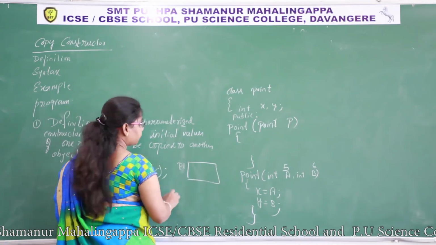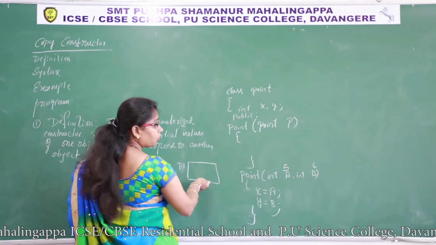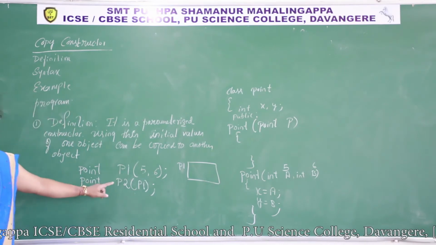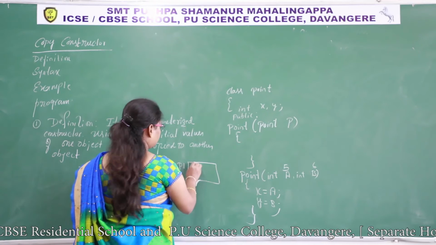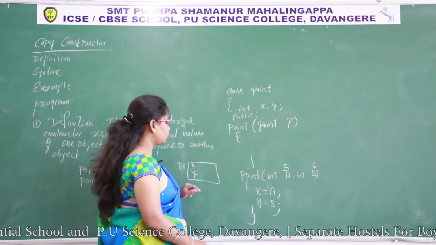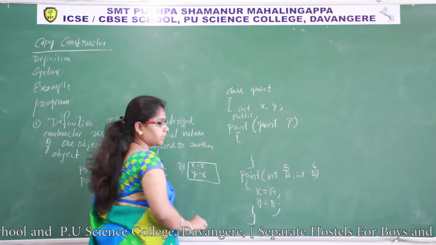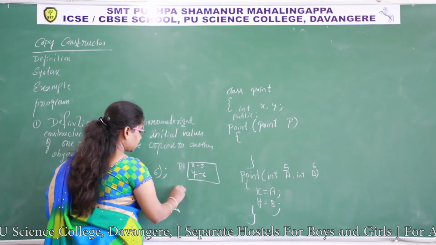There is a memory for P1. P1 which type? Point type. What are the data members? X and Y. So what values are initialized here? 5 and 6. Okay.